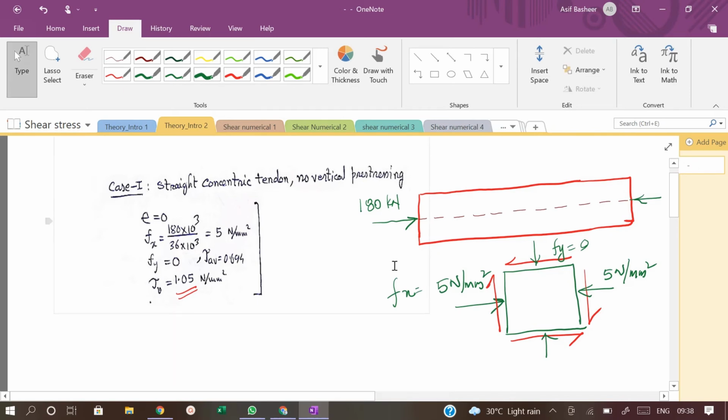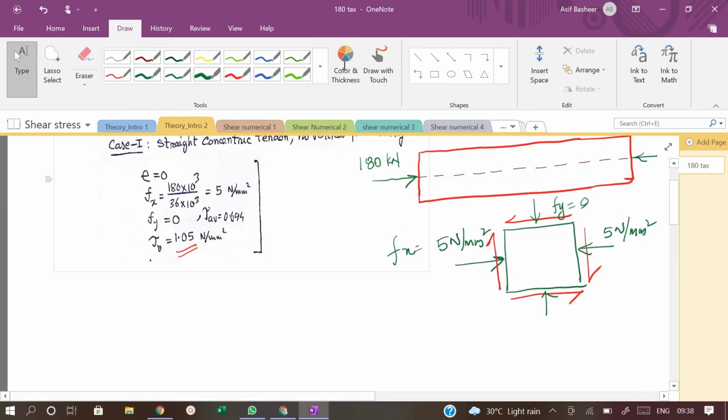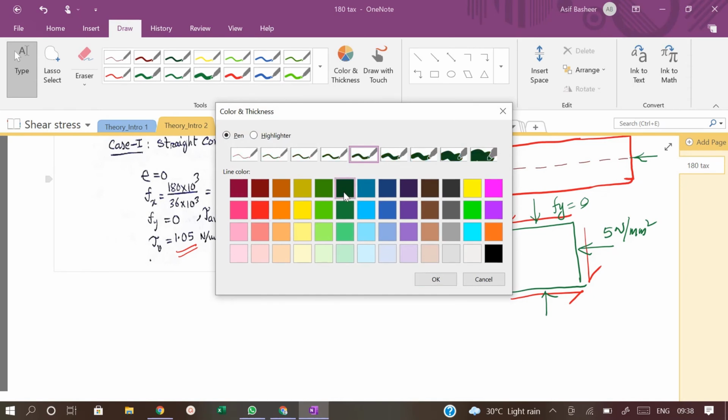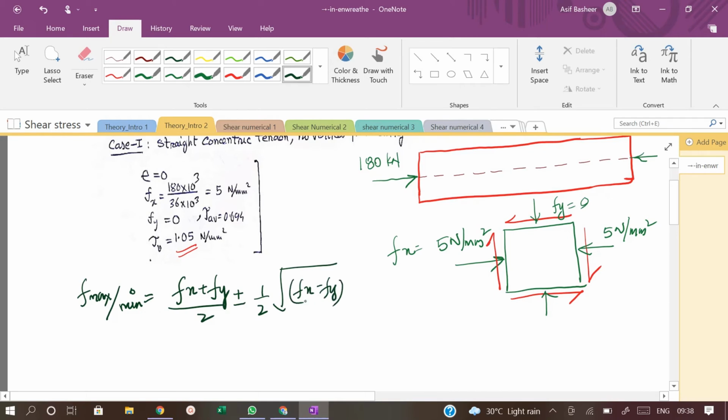Now from this you can find out the maximum and minimum principal stress acting here. That is, I can write f maximum or minimum is equal to (Fx plus Fy) by 2 plus or minus 1 by 2 root of (Fx minus Fy) the whole square plus 4 tau v square.